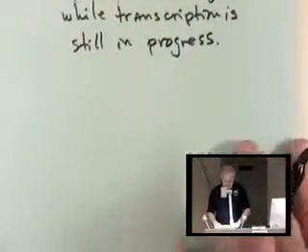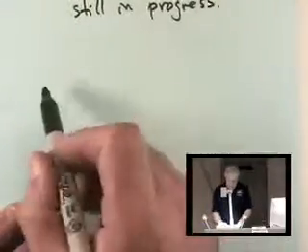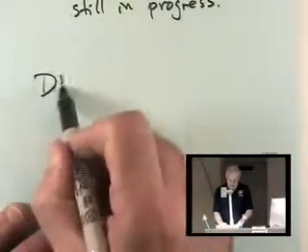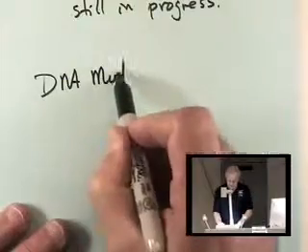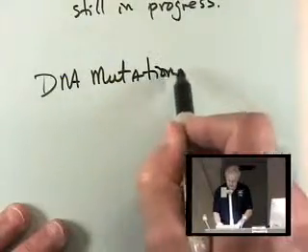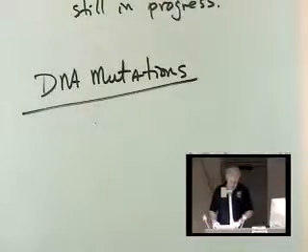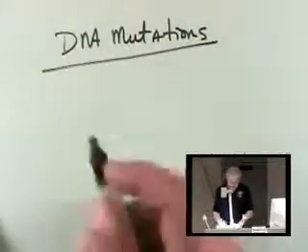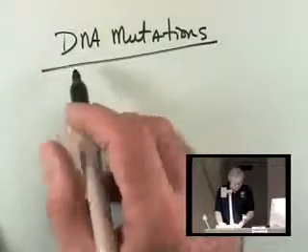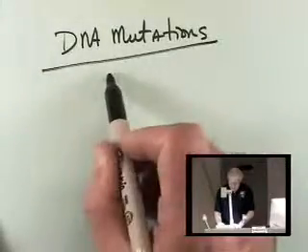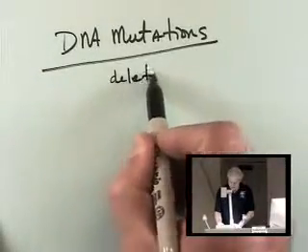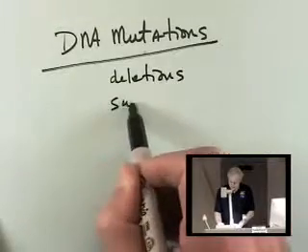Then finally, just a quick consideration of DNA mutations. Now that we understand codons and redundancy and lack of ambiguity, with DNA mutations, there can be point mutations. Well, first, let's say that there can be deletions and substitutions.